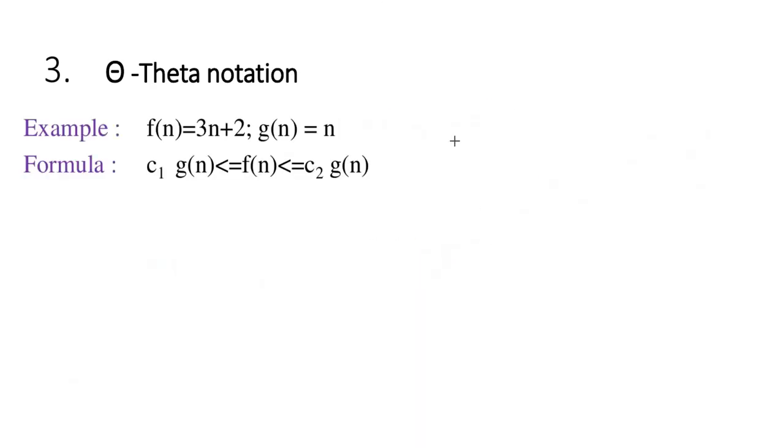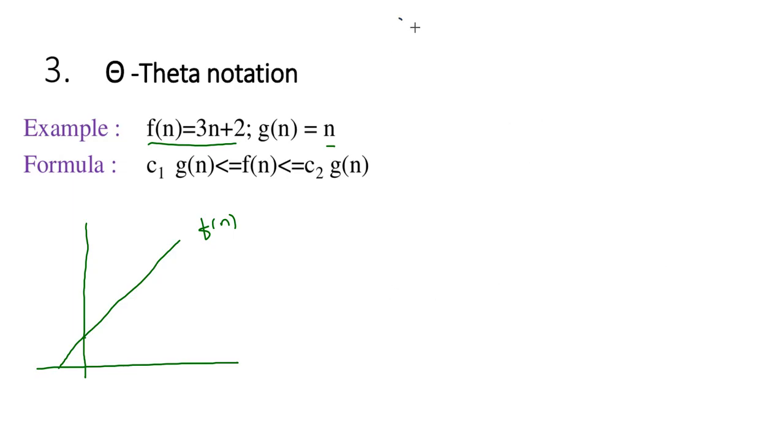Let's take this example where we again have f of n equal to 3n plus 2 and g of n equal to n. Let's plot first. So f of n is 3n plus 2, so I will just take a line with some slope, and this slope is our f of n. Now I will change the ink color so that we can see the difference.